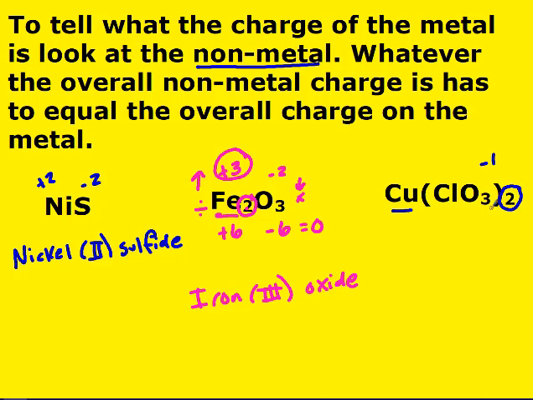If there wasn't parentheses, then I only have one polyatomic ion. So -1 times 2 gives me -2, which means copper must be a +2 because I only have one copper. So copper(II), and then that was chlorate, and I don't change the ending of chlorate.